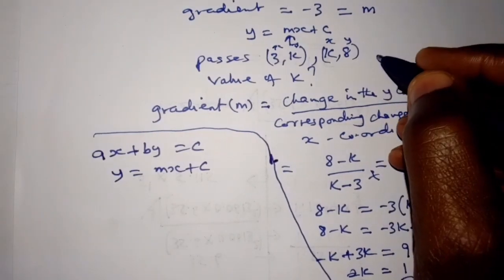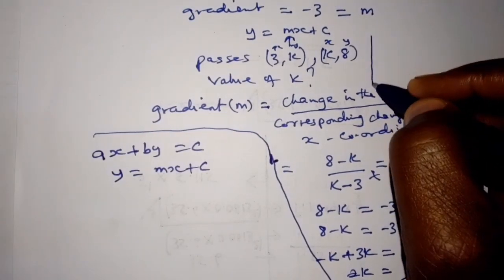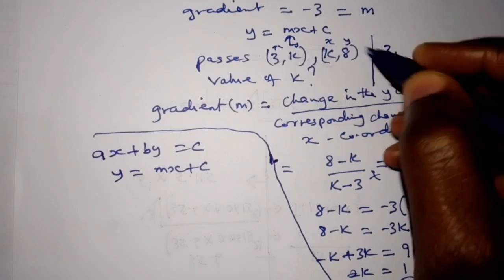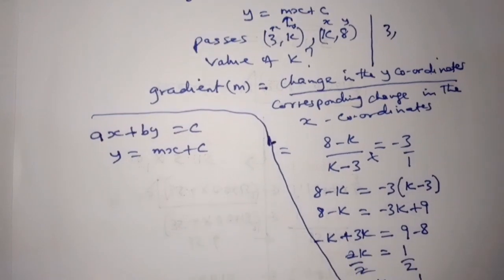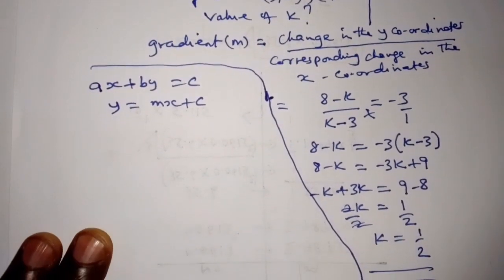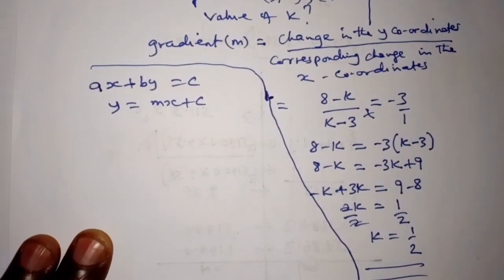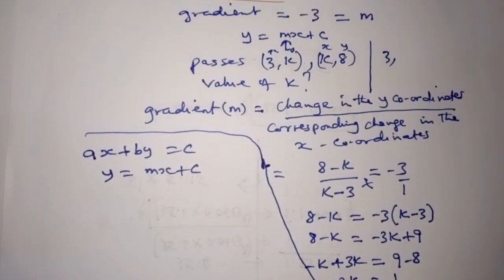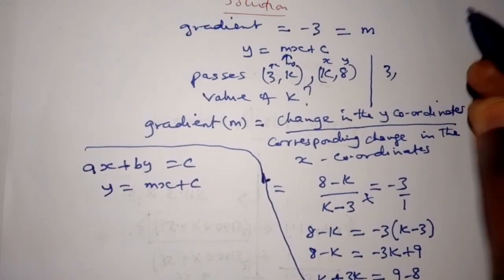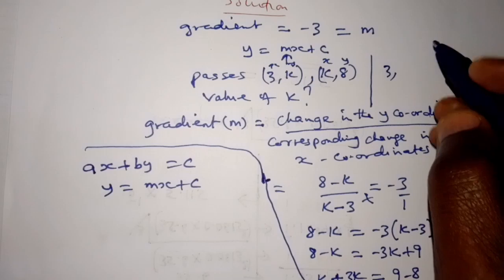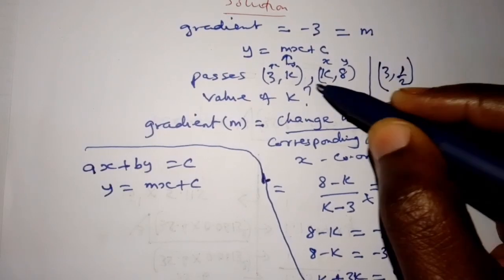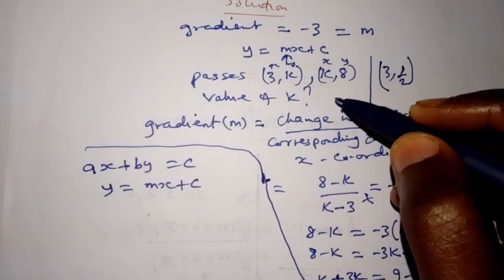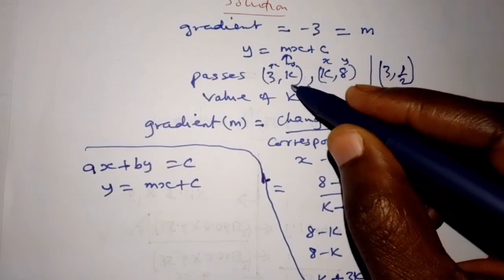We have found k to be a half. So in place of k we put a half. So this is the first point, (3, a half).